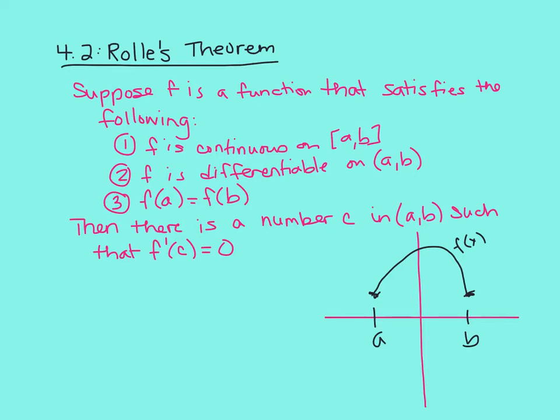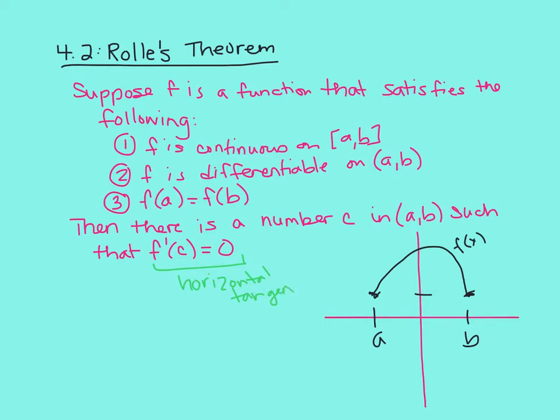The other thing is that f of a equals f of b. We can see that they're at approximately the same y value. So what that means is that we have a number such that f prime of c equals 0. Remember, if f prime of c equals 0, that means that we have a horizontal tangent line.